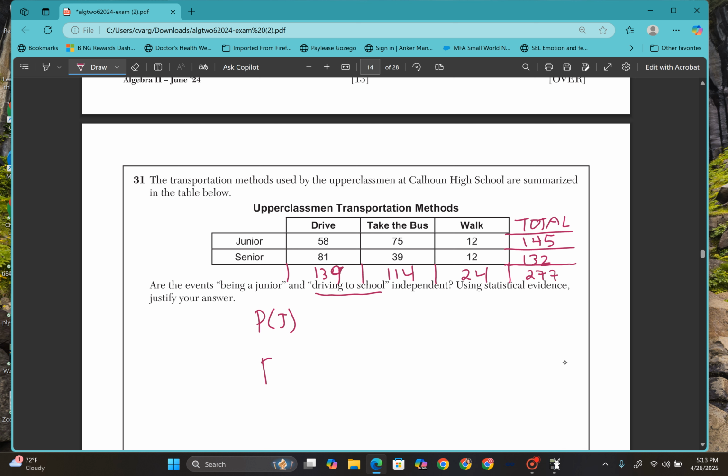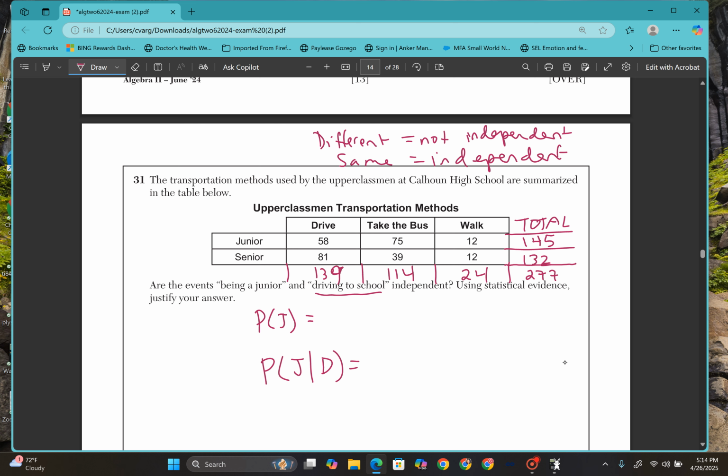If I have the probability of being a junior, given that they are driving to school, if these two numbers are different, then they are not independent. If these two numbers are the same, then they are independent. Okay, that's how you tell if something is independent or not.